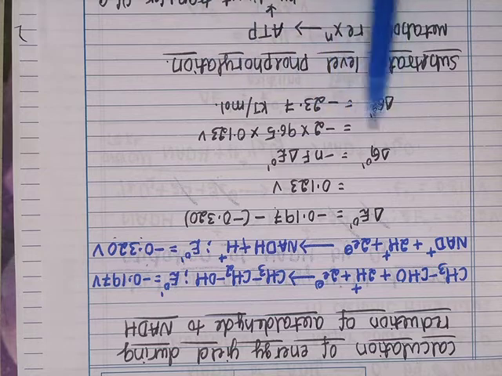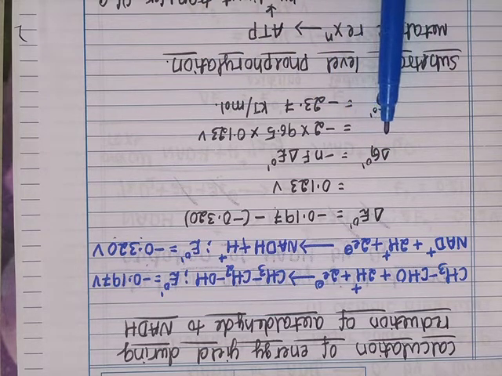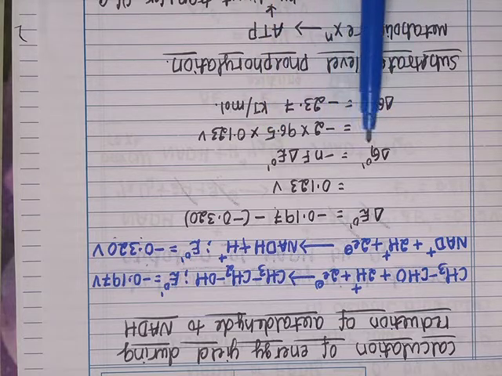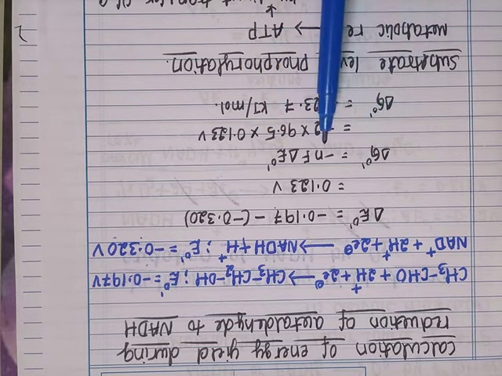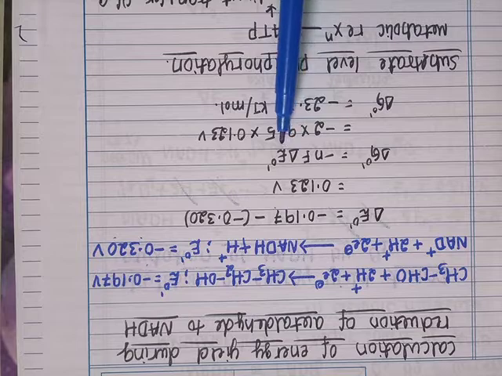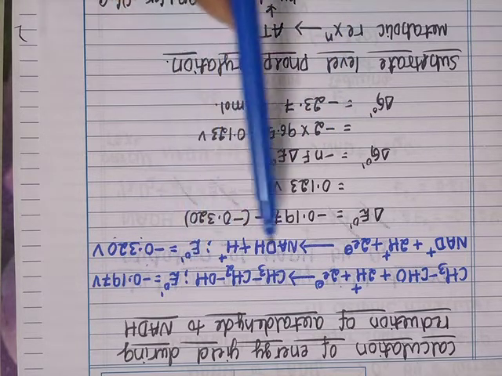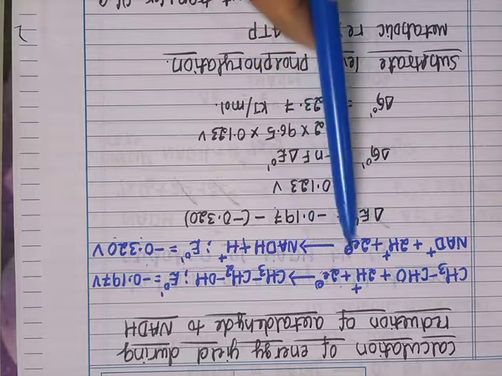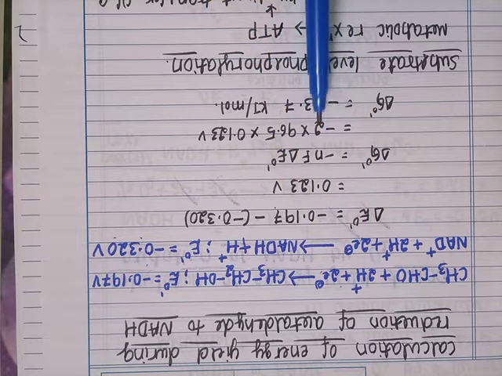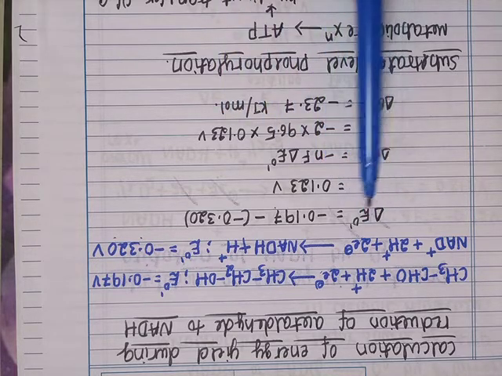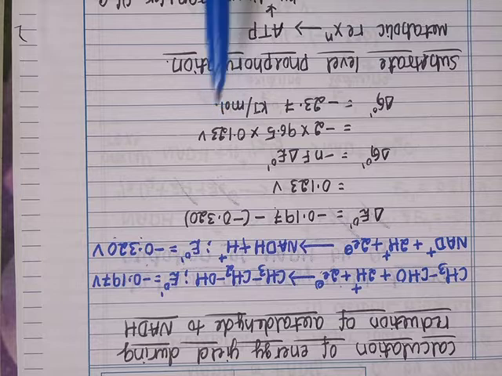Next, if you calculate the standard free energy change for this reaction, we know that it is given by minus nF delta E naught. The number of electrons involved in this reaction is 2, so n is equal to 2. Here 96.5 is the value of 1 Faraday, multiplied by the standard reduction potential.